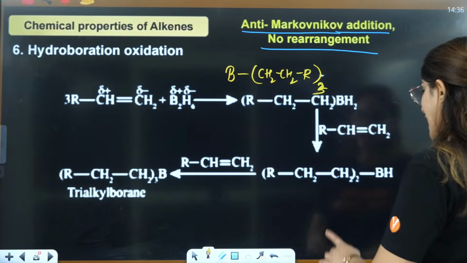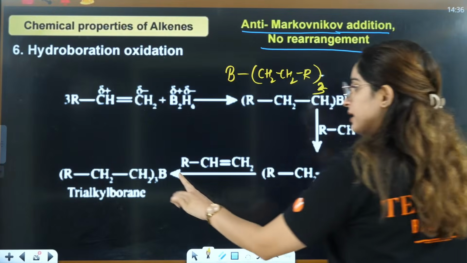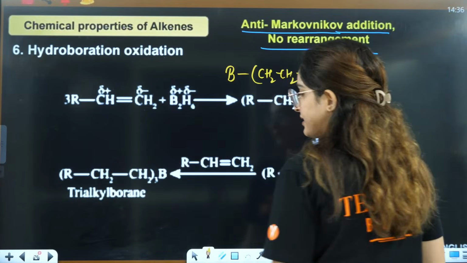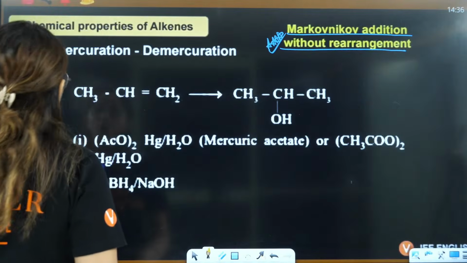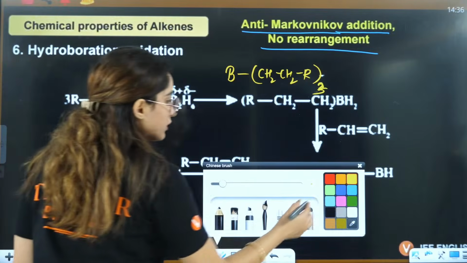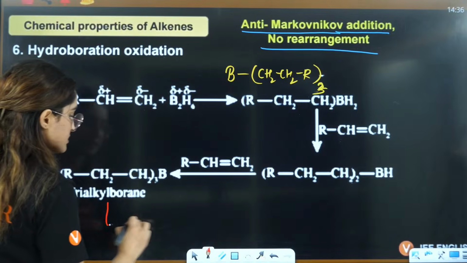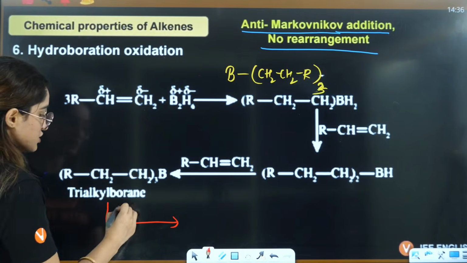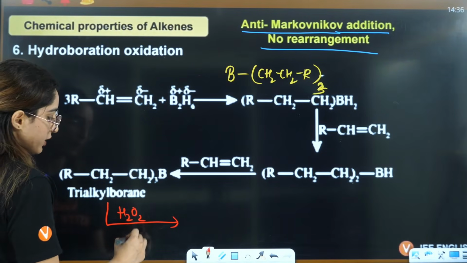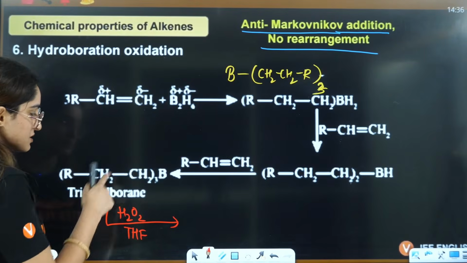So in the end you have B with this alkyl thrice. The next step is the oxidation step, where you add H2O2 in THF.